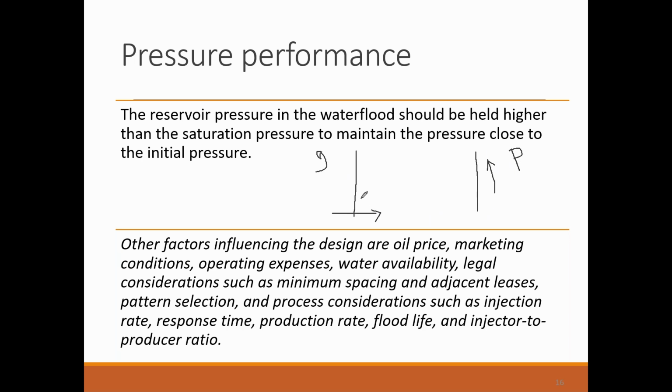Either you can use tracers, or if the tracer is not available, you can measure the salinity of the water. Let's suppose the salinity of the injected water is around 500 ppm, and in the producer water, the salinity is around 4000 ppm.